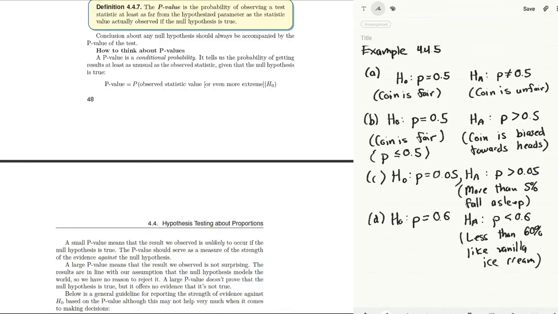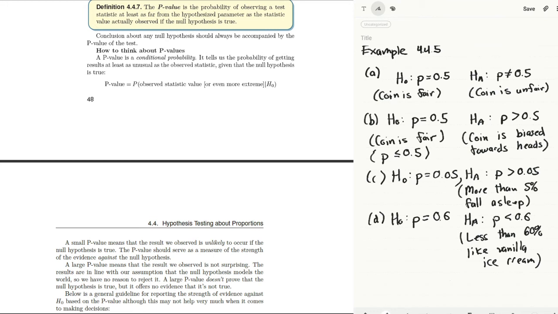Now a p-value is a conditional probability. It tells us the probability of obtaining results at least as unusual as the observed statistic, given that the null hypothesis is true. And it is used to measure the strength of our evidence against the null hypothesis.